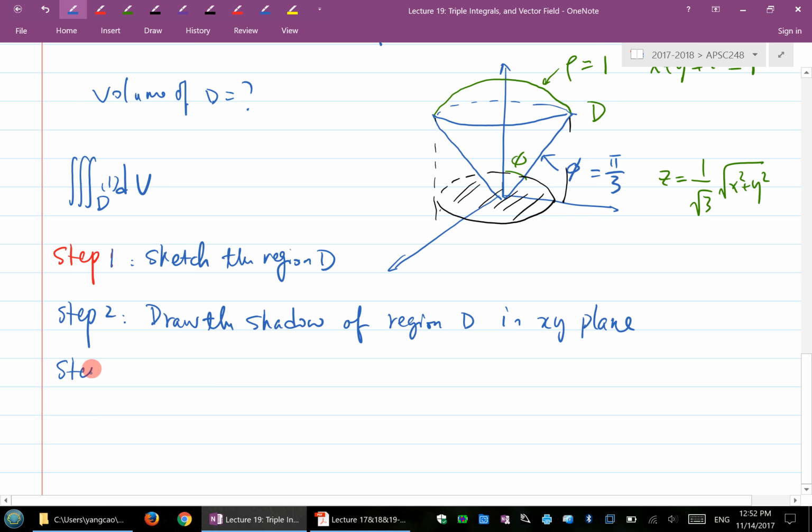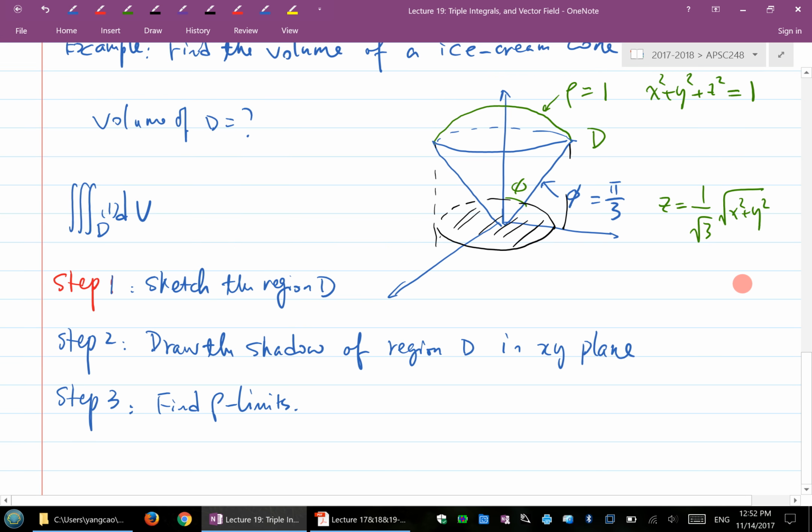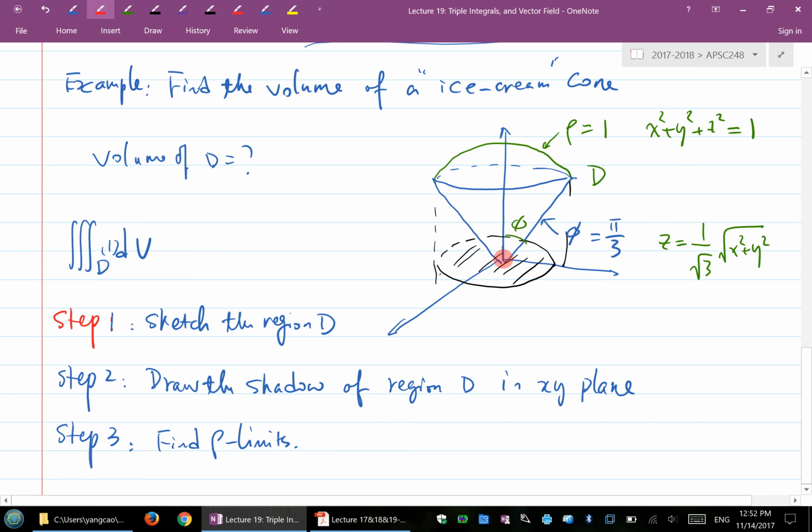And then you start looking for the limits. Let's say first we'll find the rho limits. To find the rho limits, here's what you do. Starting from the origin, you draw a reading line in the direction of the rho axis.